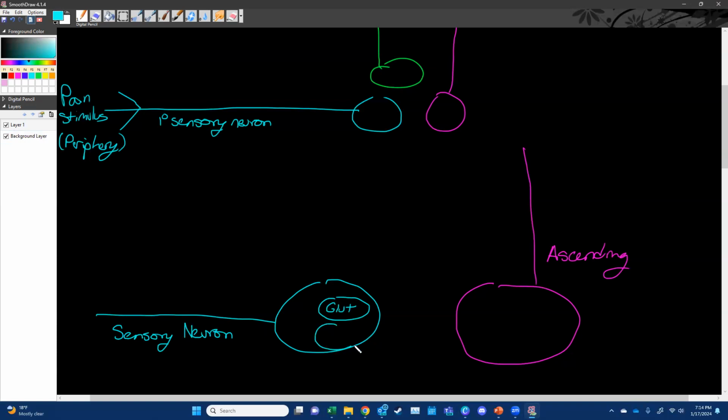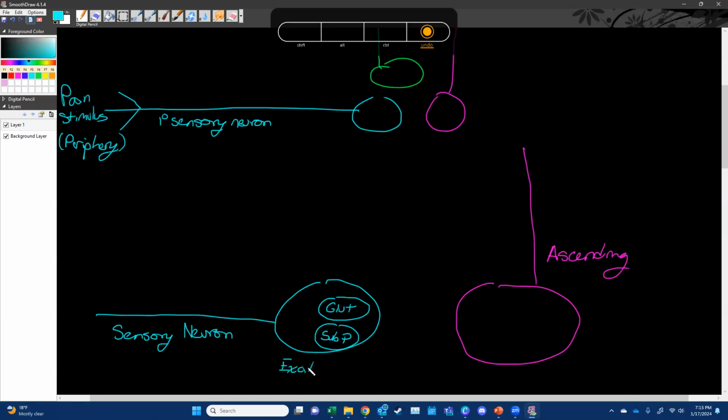The second substance is known as substance P, where I believe the P stands for pain. Essentially, the important thing to know here is that both substance P and glutamate are excitatory neurotransmitters.